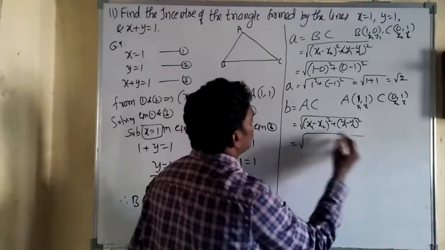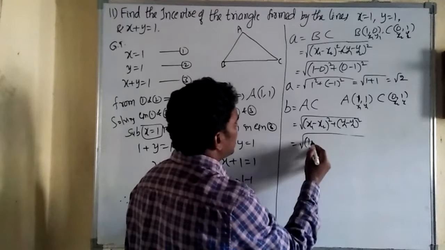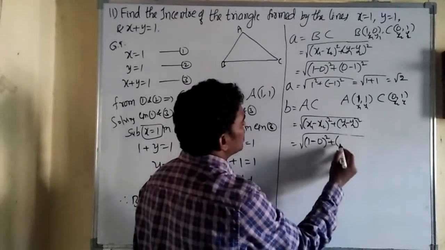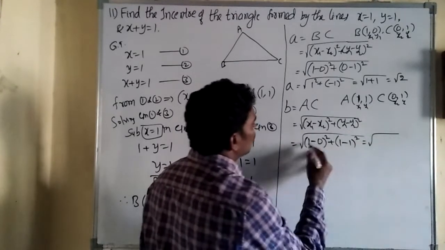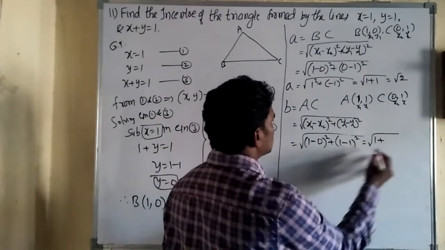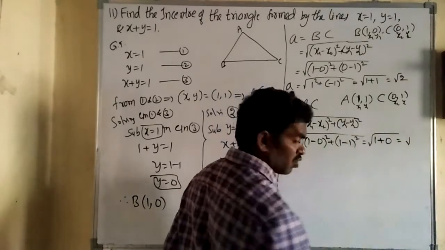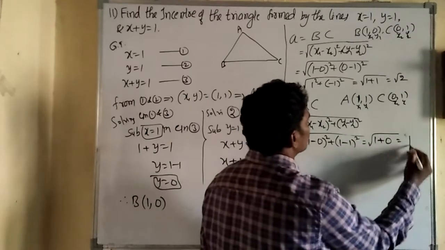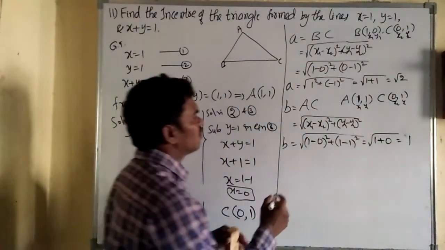So what is x1? 1. Next minus x2, x2 means 0, whole square plus y1 means 1 minus y2 means 1 whole square, which is equal, 1 minus 0 means 1 only. So 1 square value 1 plus 1 minus 1 means 0. 0 square is 0. So we get root 1. Root 1 means 1 only. Very good. So b value is equal to 1. So b is equal to 1, you can write.